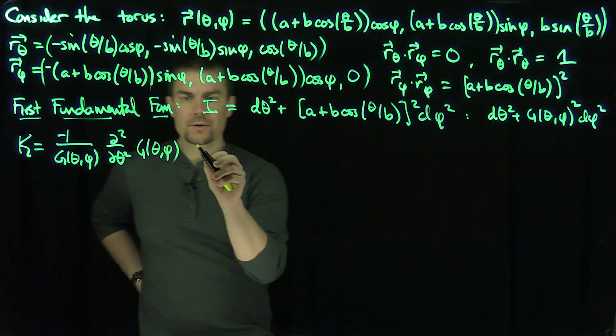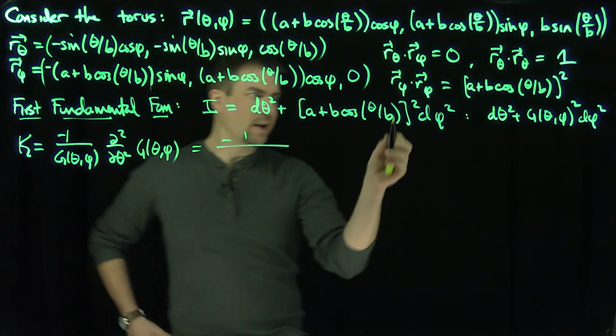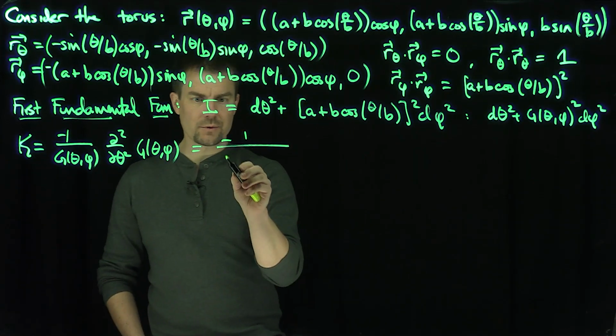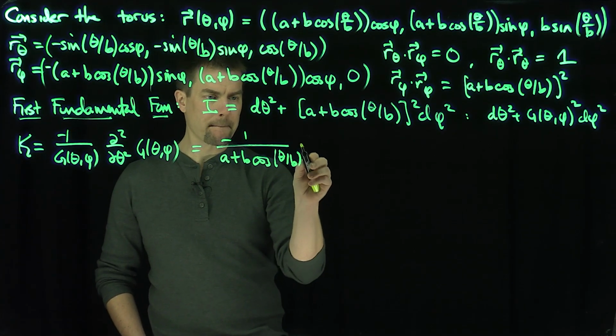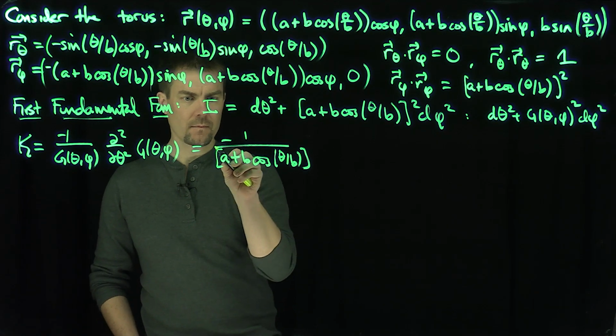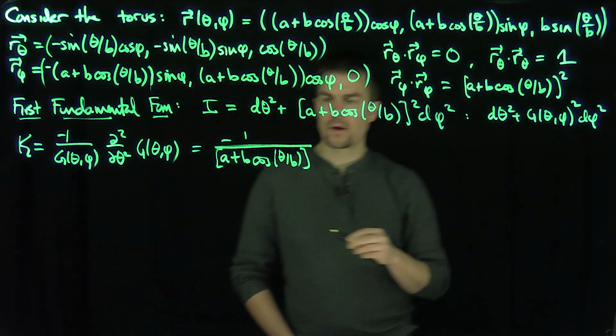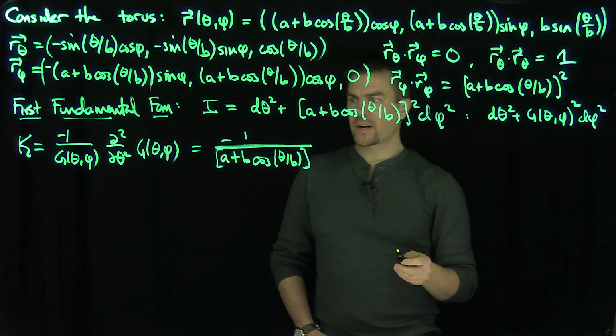So let's do it. It's going to be negative 1 over the square root of this thing, which is going to be a plus b cosine of theta over b, like that. Excellent. And then I've got to do the second theta derivative of this thing.